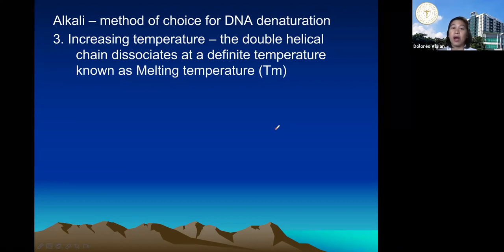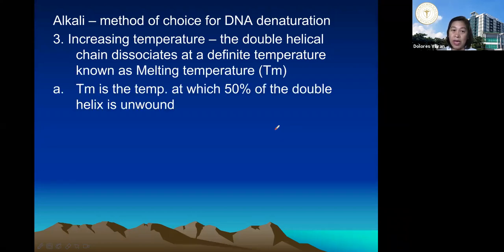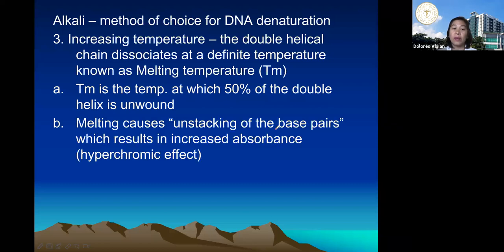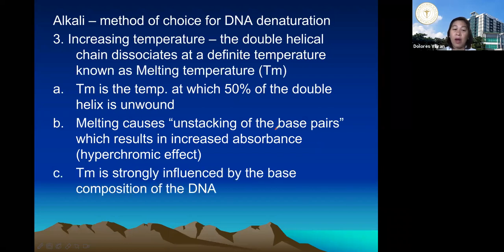So you can disrupt the double-stranded DNA. And this temperature is known as the melting temperature, or Tm. So what is Tm? This is the temperature at which 50% of the double helix is unwound. Melting causes unstacking of the base pairs, so separation of the base pairs, which results in increased absorbance, or the hyperchromic effect. Later I will explain that hyperchromic effect.